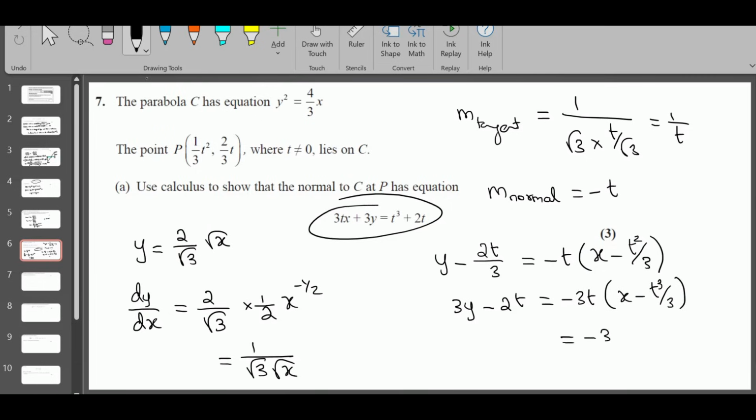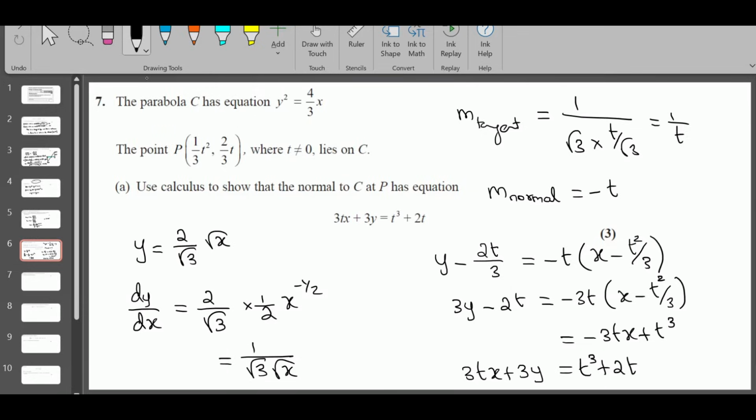Open the bracket, you will get minus 3tx plus t to the power 4. So put 3tx this side, you will get 3tx plus 3y. Bring minus 2t to the other side. Sorry, this is t squared and this will be t cubed. So you will get t cubed plus 2t. That's all. So 3 mark question.